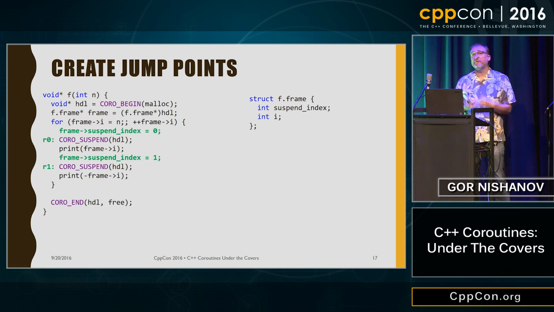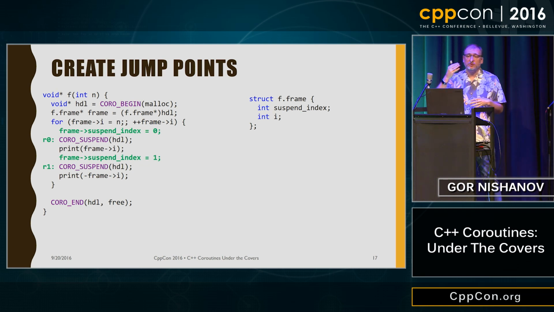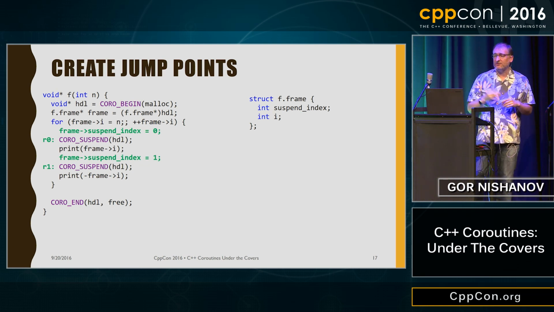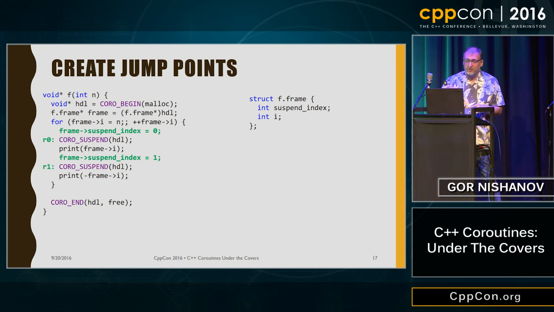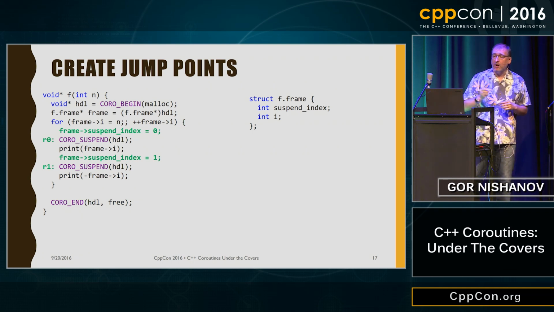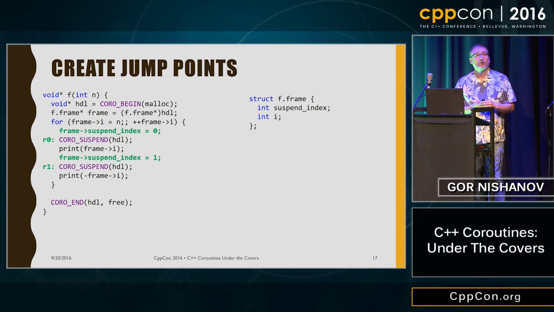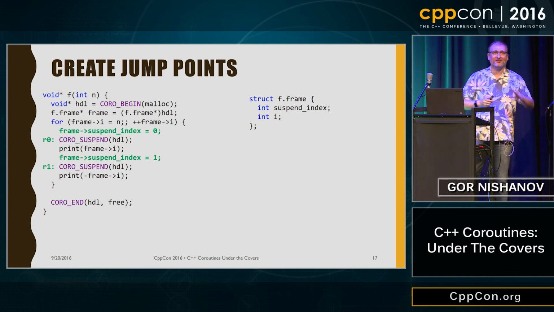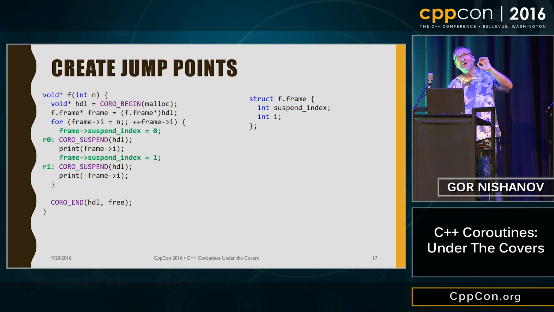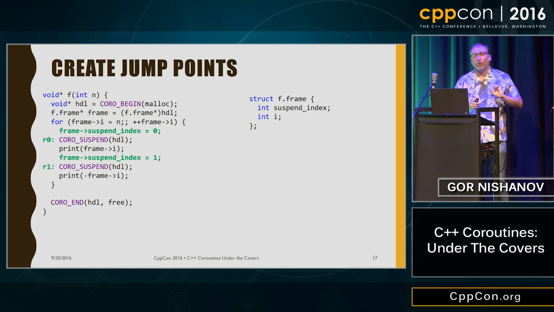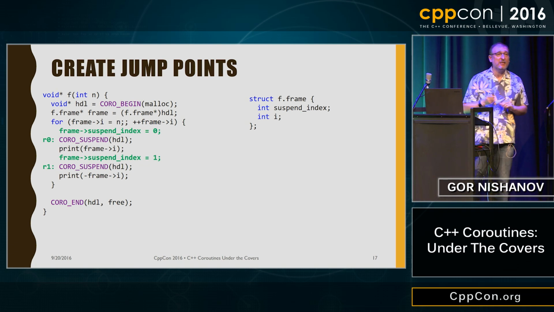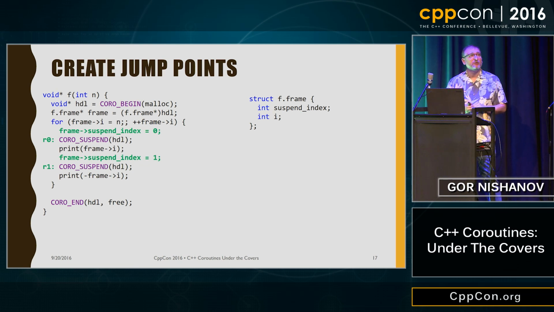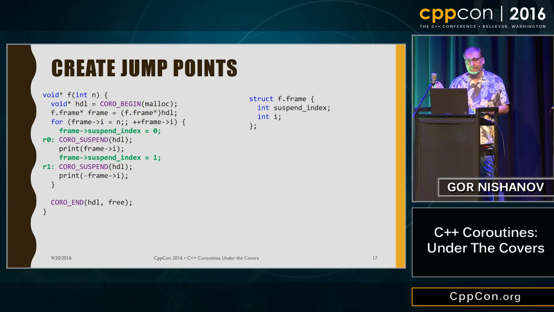So again, we added a field, suspend index, and just before Coro suspend, we will add index equals 0, and just before the second one, we will say suspend index equal 1. It's slightly more complicated. There are ways to be more refined about where you want to put the suspend index assignment. But for right now, let's say it's before Coro suspend.